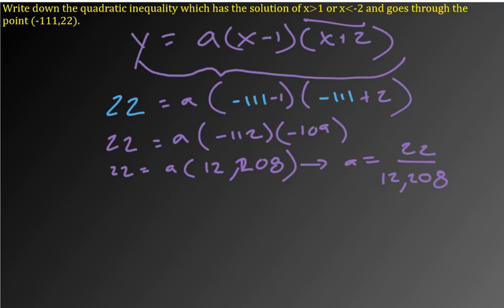So I want an OR problem. If you think of what that would look like, we want it to go through 1 and over here at -2, and you've got some sort of super skinny quadratic, something like that.